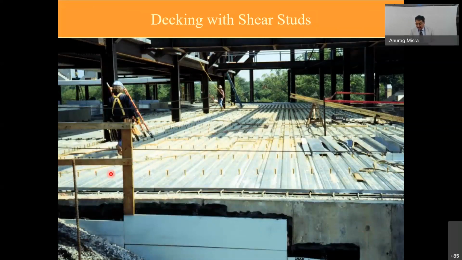If more shear connectors are required, you can see a large number of them because the spans are slightly larger in this case. So straight away you could do that and get the casting done.